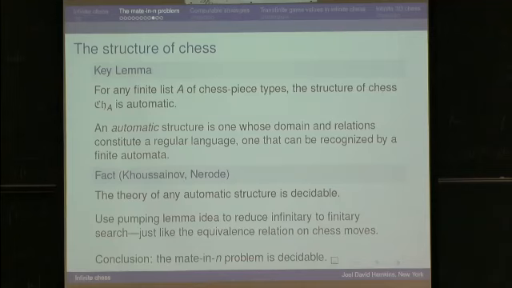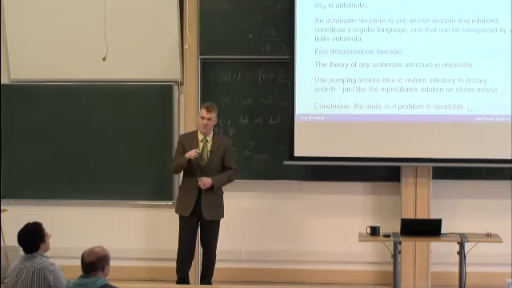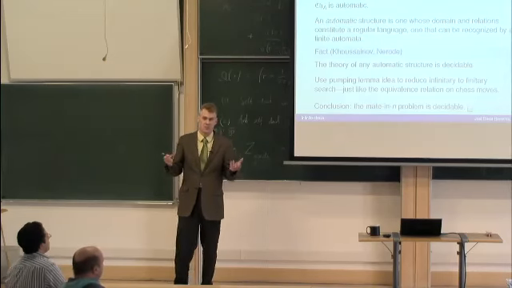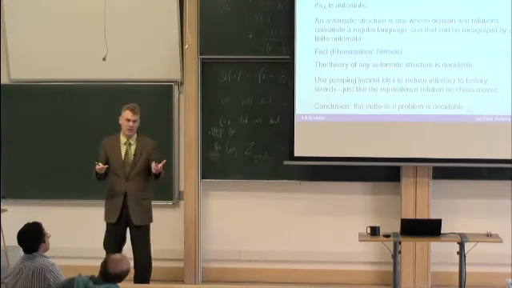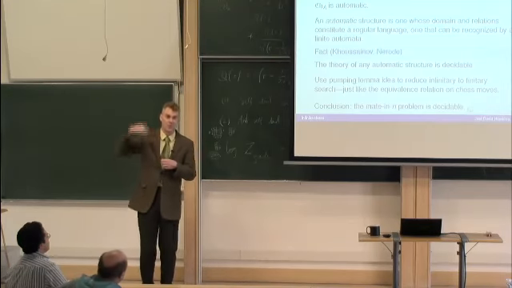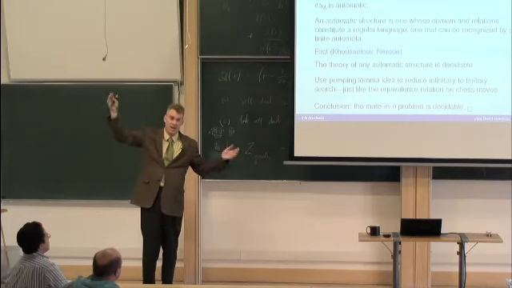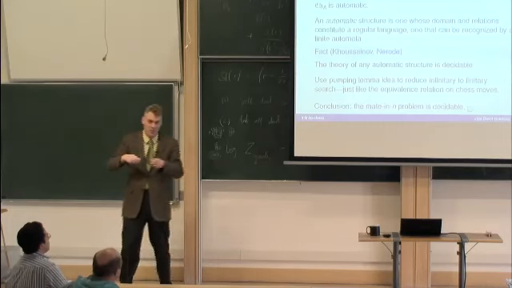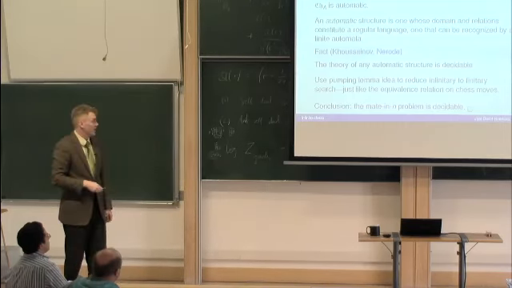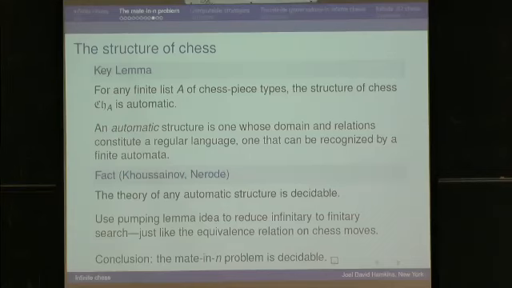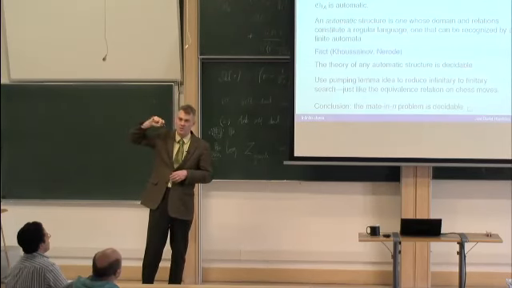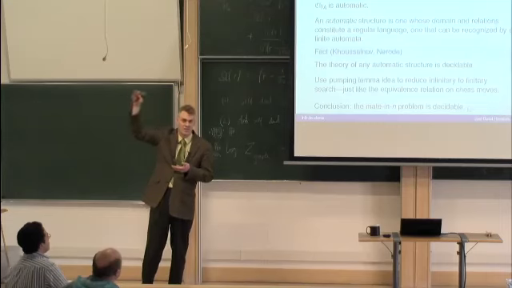The difficulty of deciding the theory of a structure is that you have an existential quantifier and you don't have time to try out all the possibilities, but because of the pumping lemma, in a regular language, the question about whether there's a witness or not boils down to a finite search through the pumping length. And so one can reduce those infinitary searches to finitary searches. And this idea is really just the same as the idea that we were reasoning about with the bishop and this equivalence relation on this set of distance moves.